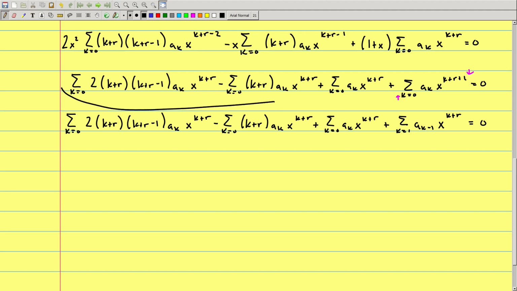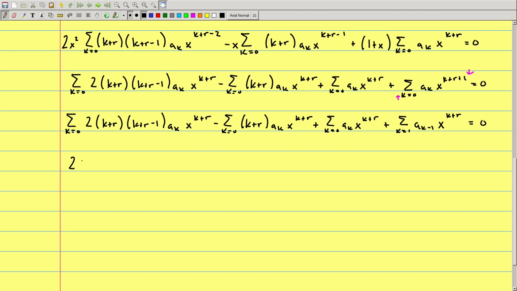And now we want to combine everything into one sum. But we notice, of course, that all of these start at k equals 0, and this thing starts at k equals 1. So we have to peel off the first term from each of these first three summations.